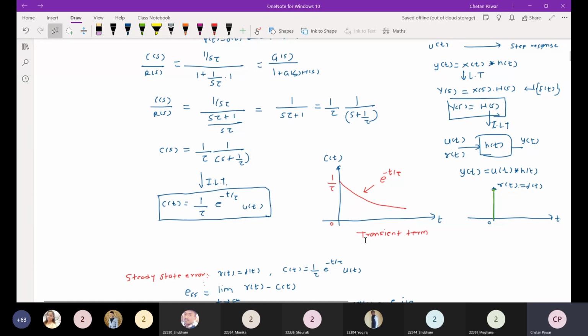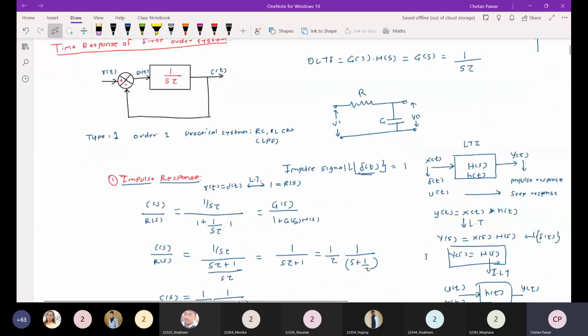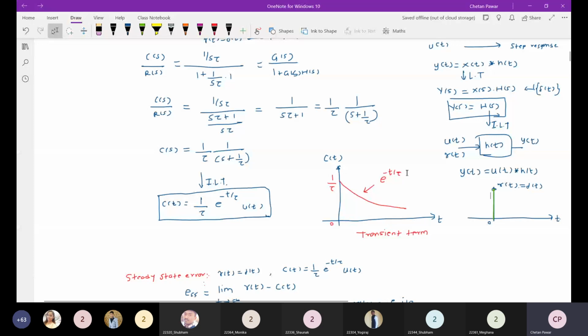Okay, so if I have this response, I will be able to calculate the output of this particular first order system for any input. Okay, that's why we calculate the impulse response of the system. So we will be able to calculate the output of the system for any input.